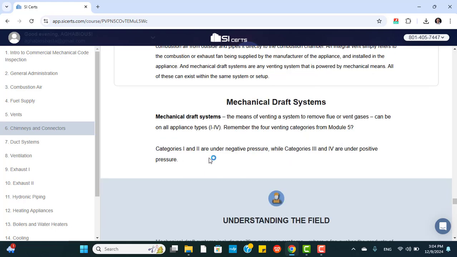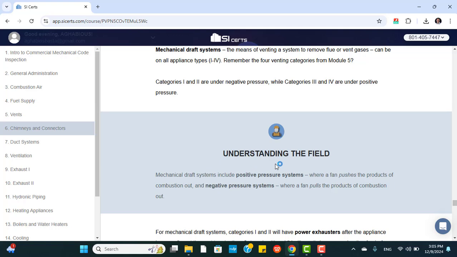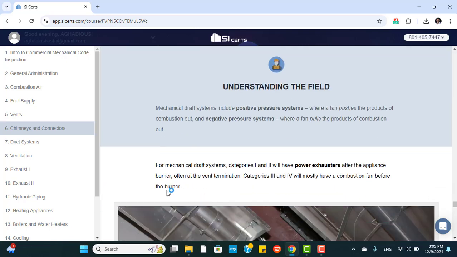Categories 1 and 2 are under negative pressure, while categories 3 and 4 are under positive pressure. Understanding the field, mechanical draft systems include a positive pressure system, where a fan pushes the products of combustion out, and a negative pressure system, where a fan pulls the products of combustion out.